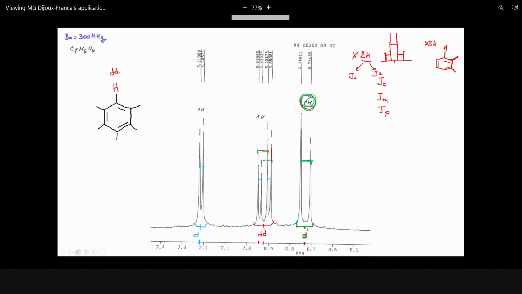Can we calculate the coupling constant? How can I calculate the coupling constant? Start with the green one.